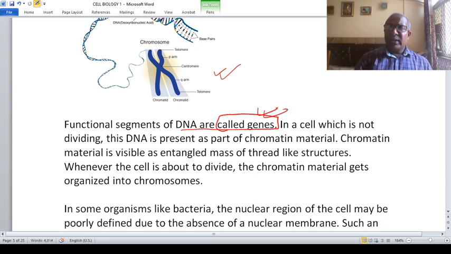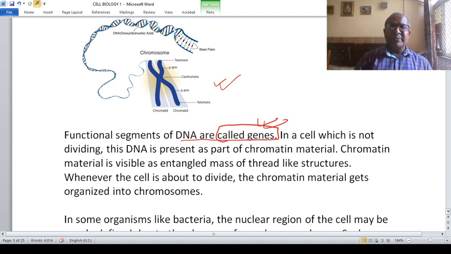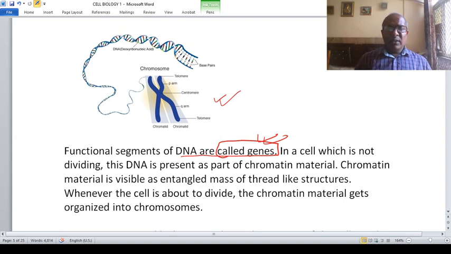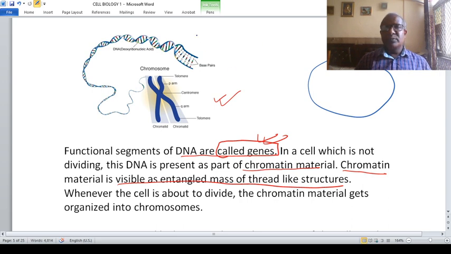Now in a cell which is not dividing, the DNA would be present as a part of the chromatin material. This chromatin material is visible as an entangled mass of thread-like structure. So say this is the cell, this is the outer wall of the cell.